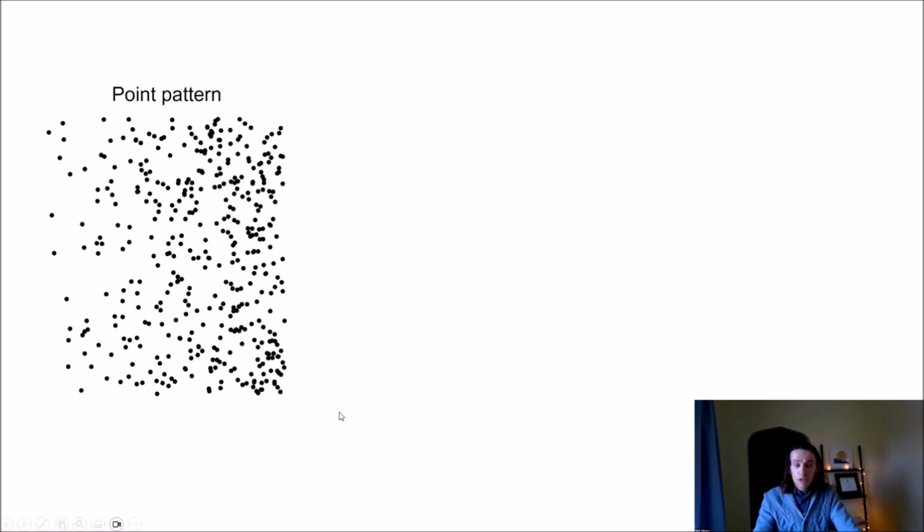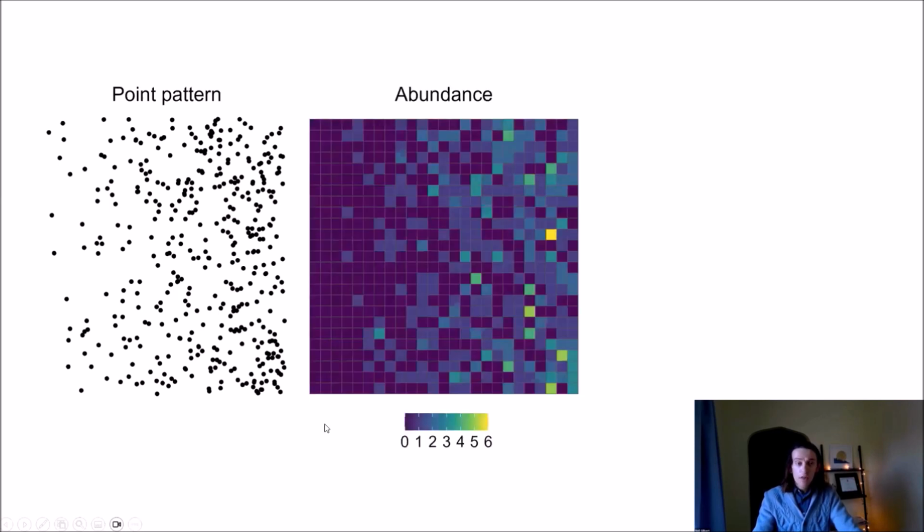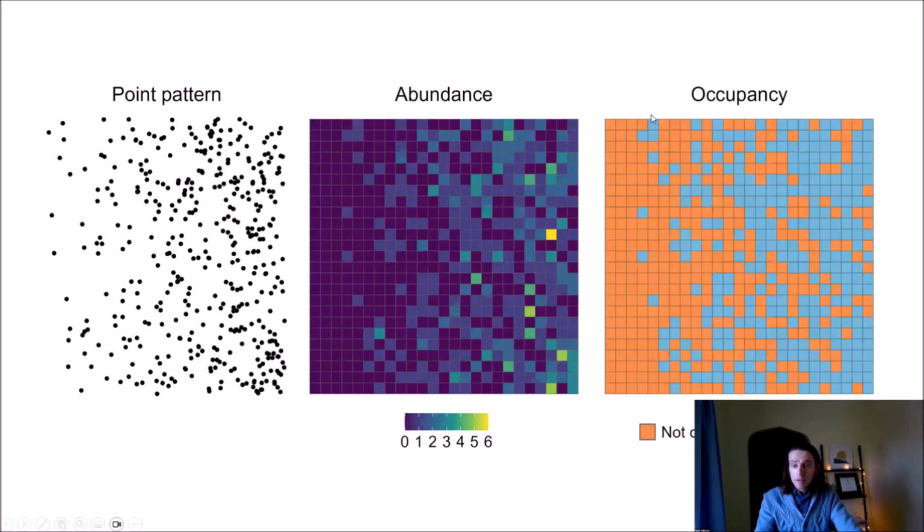If we divide that landscape up into cells or pixels, the abundance of species within a pixel is just the sum of the number of points within that pixel. And from that, occurrence or occupancy is just a binary summary of this abundance data.